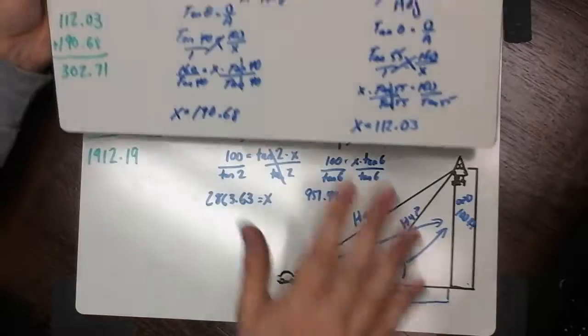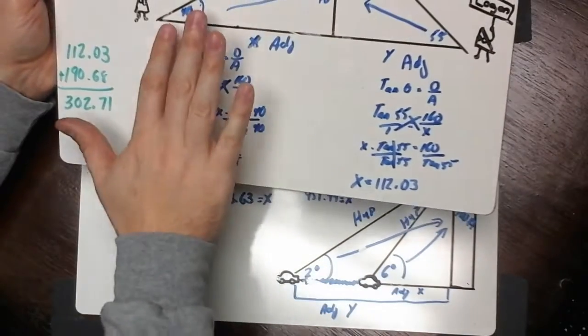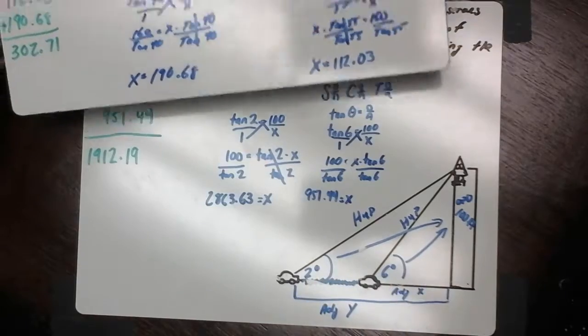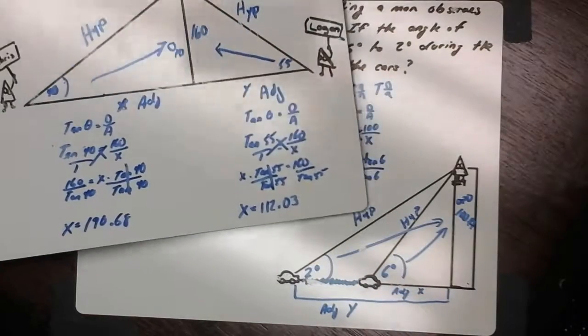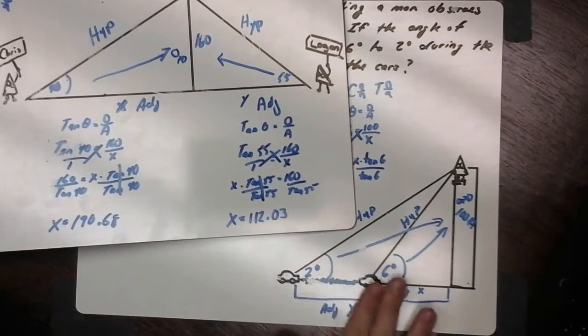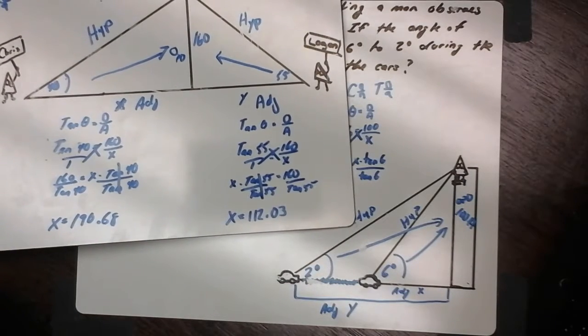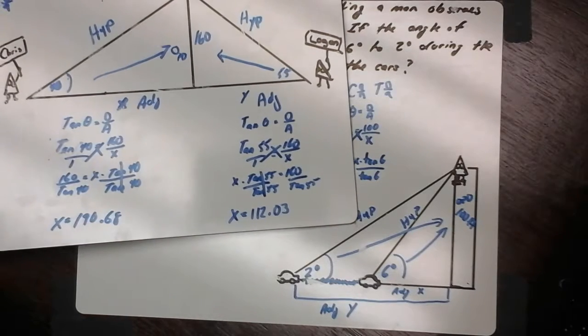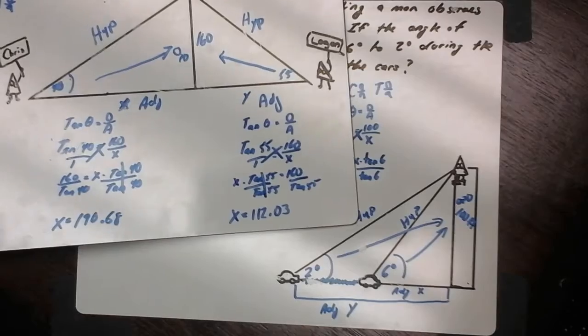And also notice here we use the angle of elevation, and here we use the angle of depression, and in both cases the angles are at the bottom or in the same place. So that's part of the beauty of knowing when something is alternate interior and congruent or equal to each other.